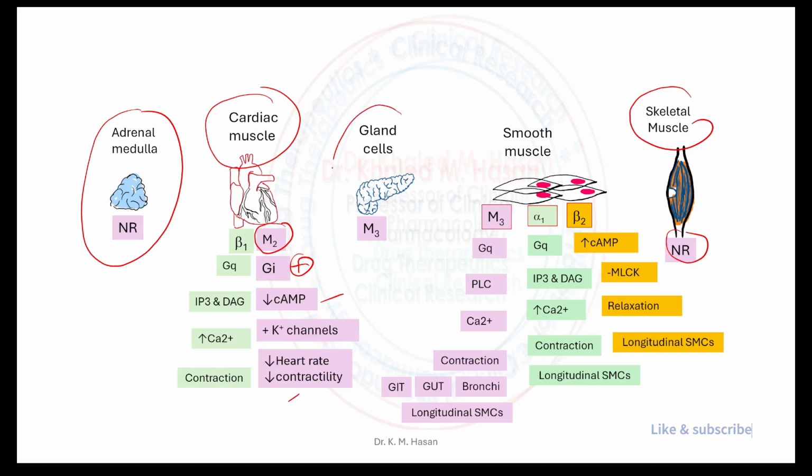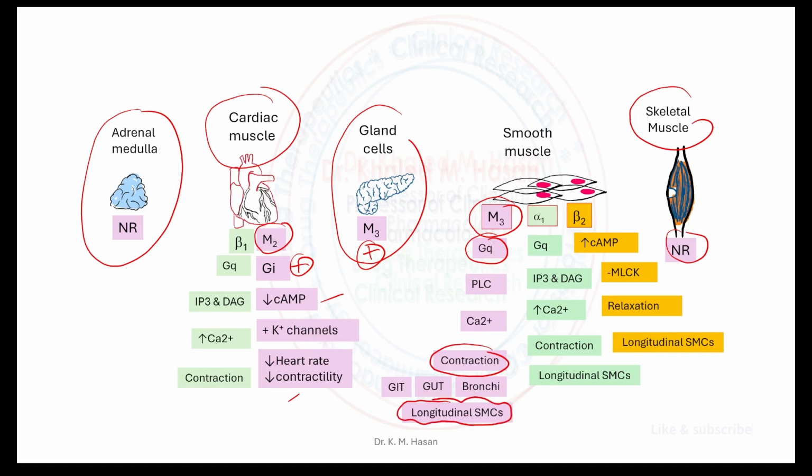In the pancreatic cells, we have M3 receptors. If you activate M3 receptor, the result will be increased exocrine gland secretion. In smooth muscles, we have M3, which works on Gq, and this leads to increased secretion and increased contraction. Here we are talking mainly about the longitudinal muscle and the smooth muscle cells.